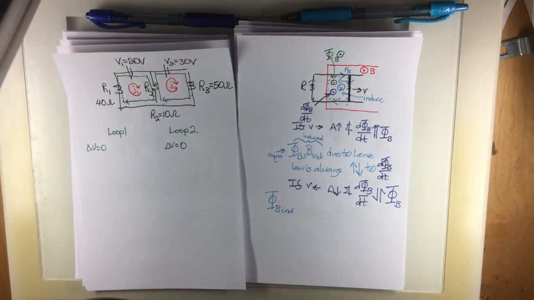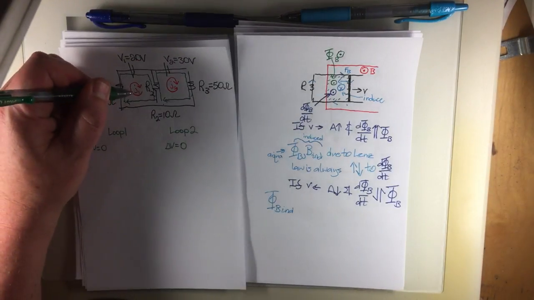If you start and finish at the same point, the change in potential will be 0. That's it. So you walk the loop and you note the potential differences.